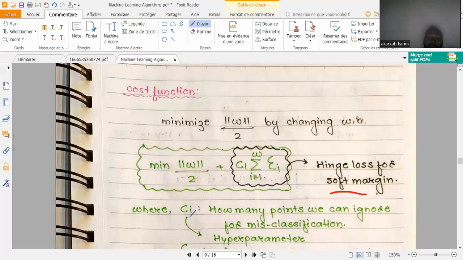So we'll see what C is: how many points we can ignore for misclassification, because in classification we have some errors.